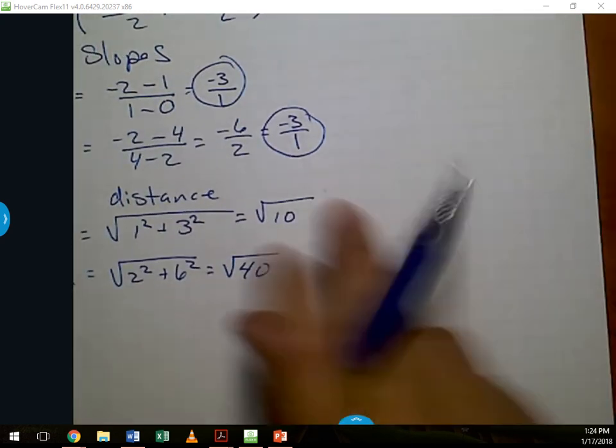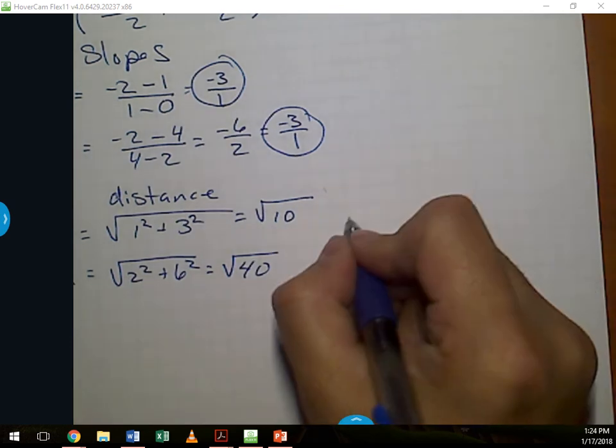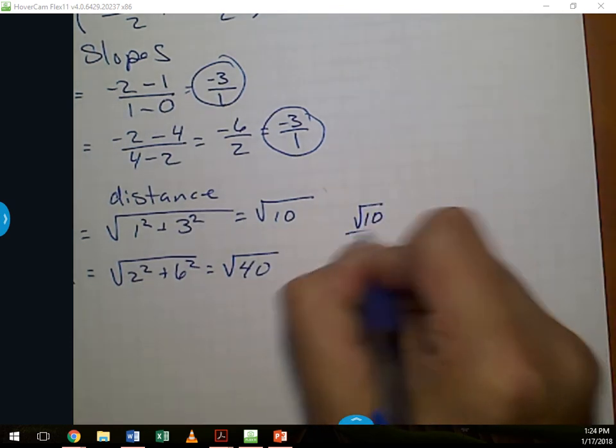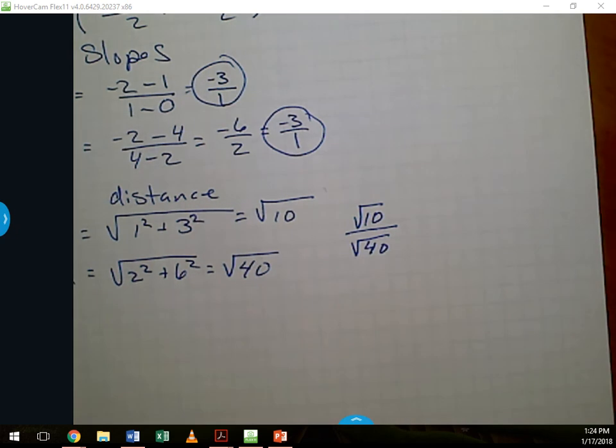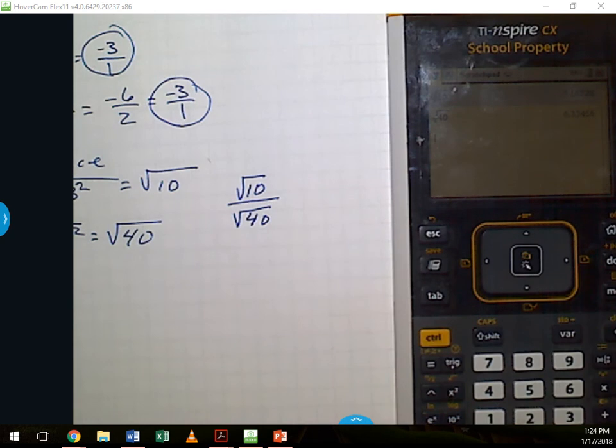Now let's try this. If it's 1/2, it should be square root of 10 over square root of 40. That should give me 1/2 if I'm doing it correct. So let's try that one now. In your calculator, everyone, please, because you're going to have problems like this and you need to be able to identify this and put it in the calculator correctly. So please do this.